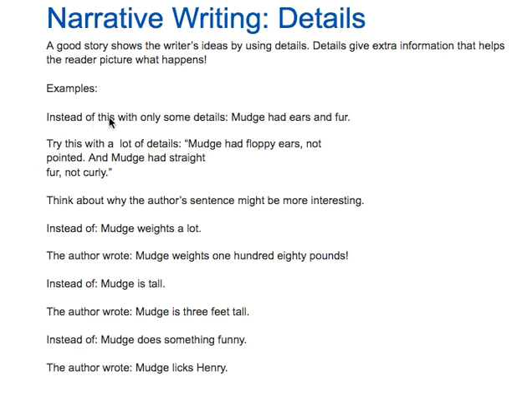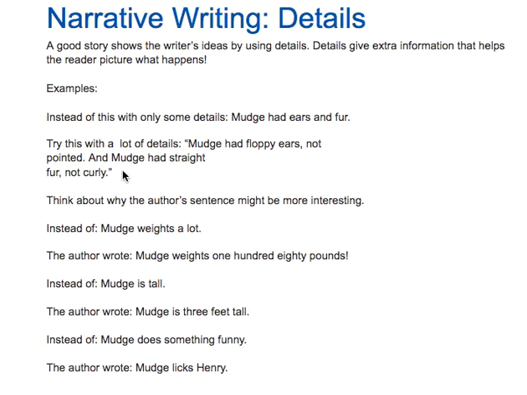So instead of this with only some details, Mudge had ears and fur, try this with lots of details. Mudge had floppy ears, not pointed, and Mudge had straight fur, not curly.